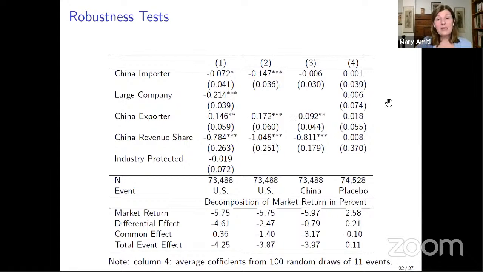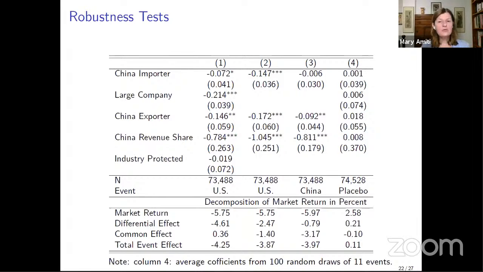And then a very important robustness check, I think, is column 4. You might be concerned that these treatment variables may just be spuriously correlated on those days. So for our placebo, we took all the trading days from 2016 to 2019 and omitted our actual event dates.